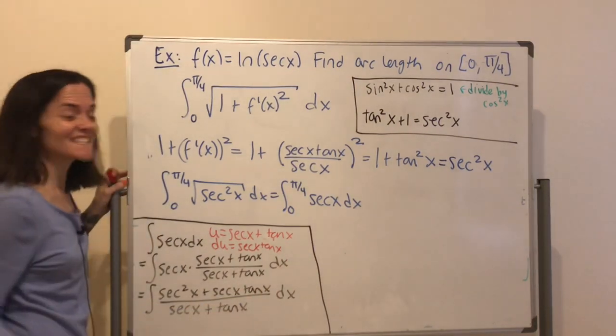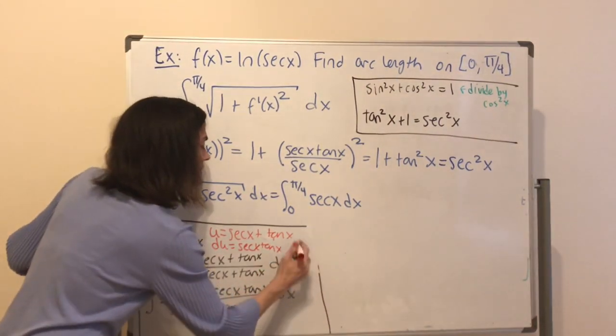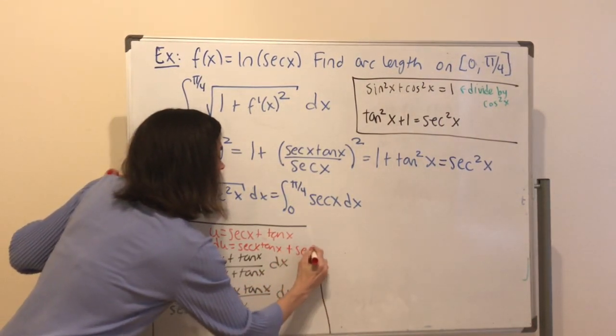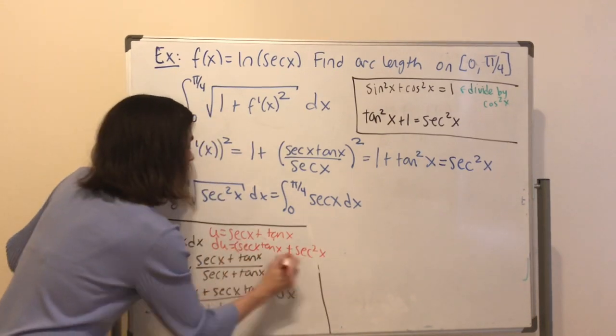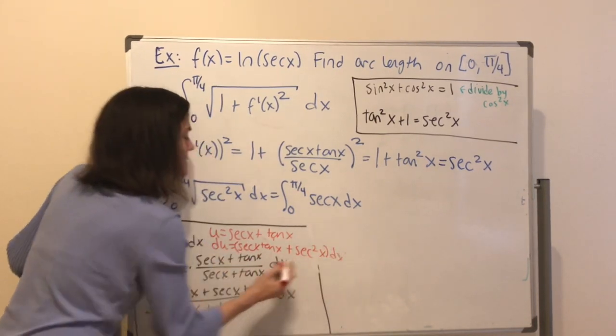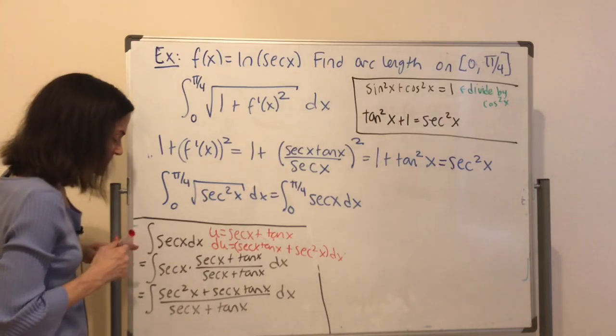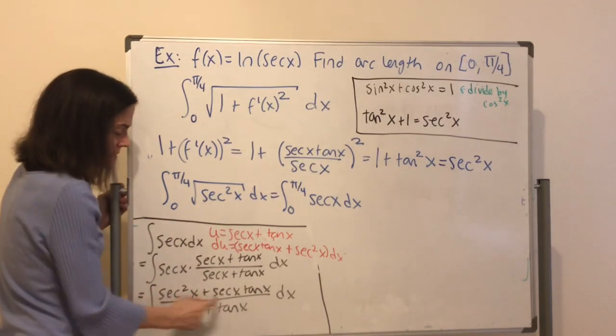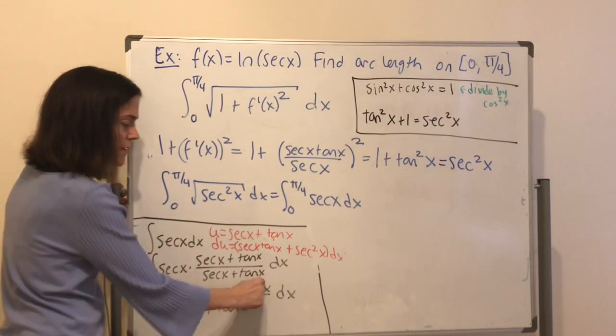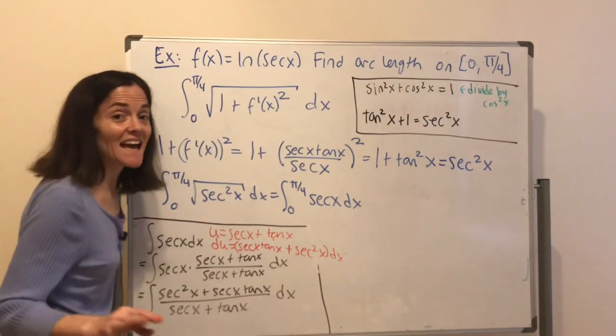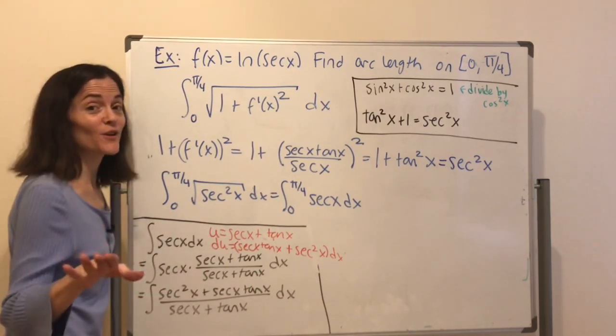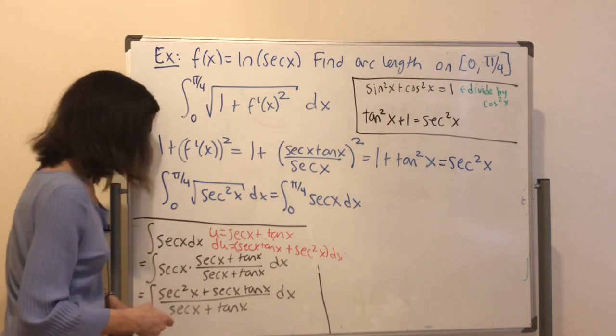The derivative of tangent is secant squared. And don't forget, there's a dx. So look, this is secant tangent plus secant squared dx. So this is exactly a 1 over u du. Do you see it?